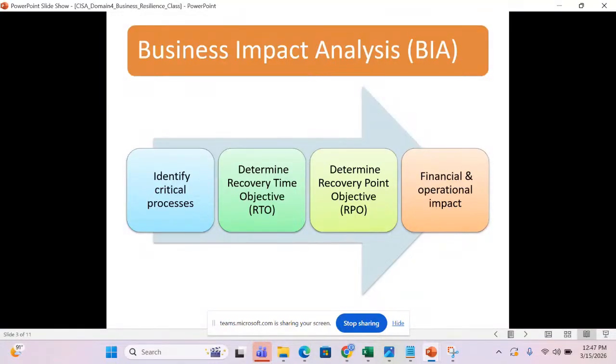breakdown would have if we don't put in place a backup procedure for our critical processes. So I'm just showing you how you can quantify financial impact for each of those businesses.